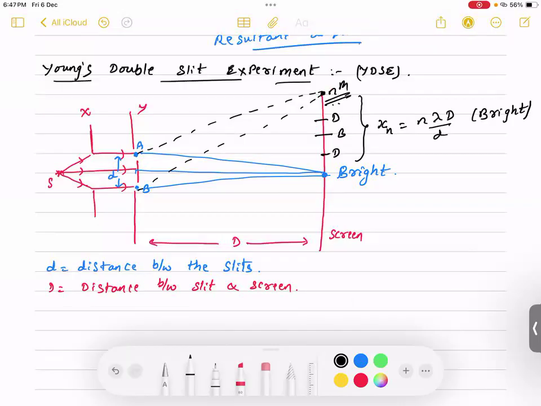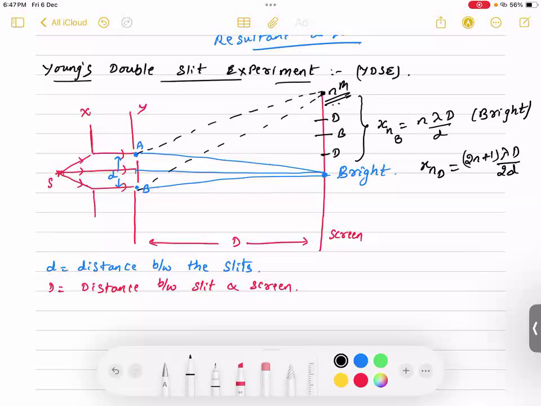This is for bright. If it is a dark band, then it is (2n+1) into lambda D by 2d. That is for the dark fringe.